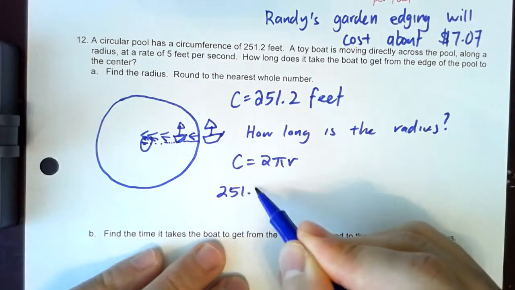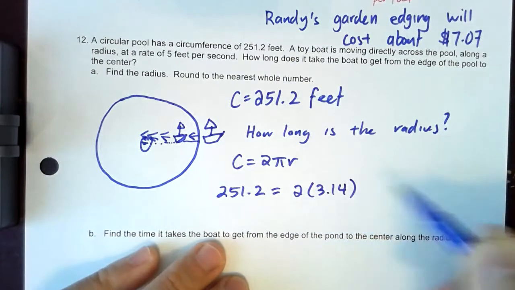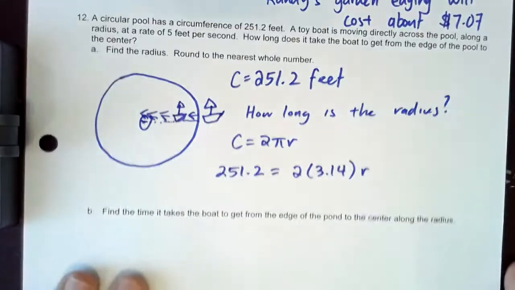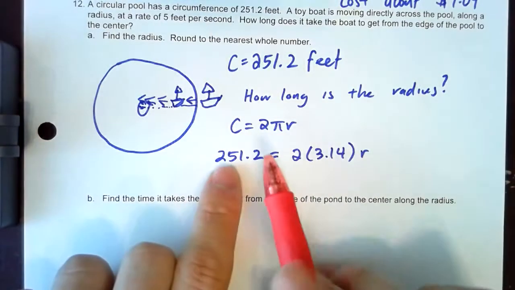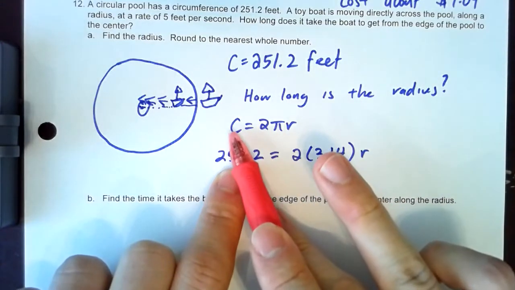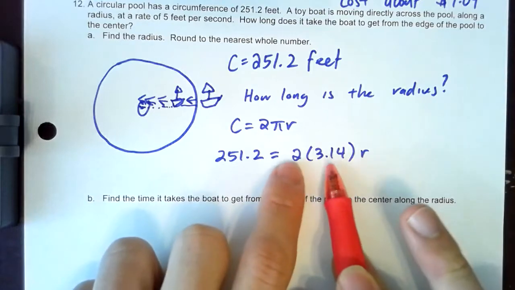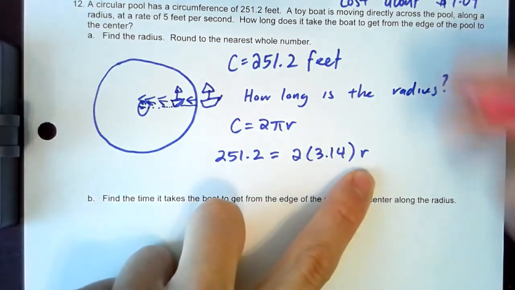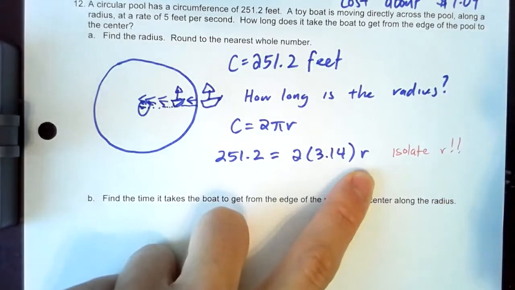So I'm going to write 251.2 is equal to 2 times 3.14 times r. So it's kind of like the reverse style of question, right? If 251.2 is the entire circumference, couldn't we just divide both sides by these two numbers to isolate r? Right? We want to try our best to isolate r.